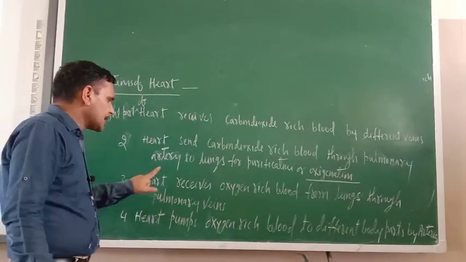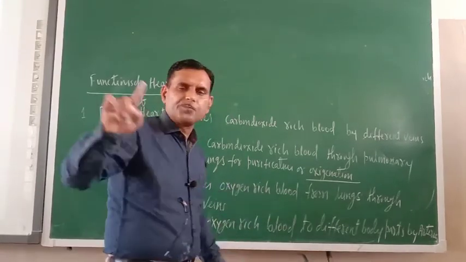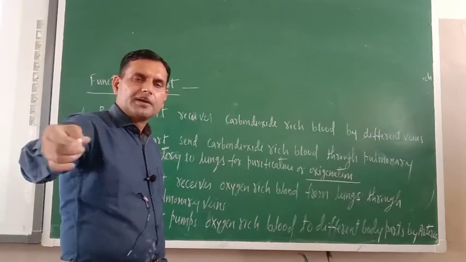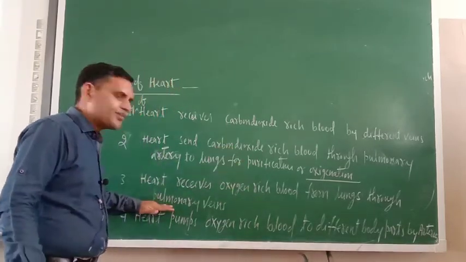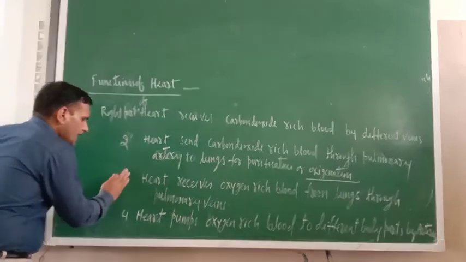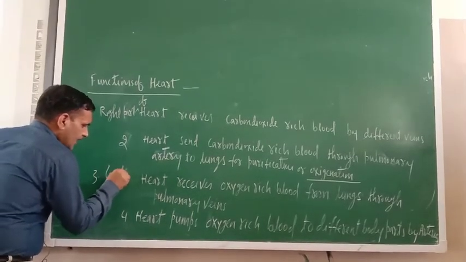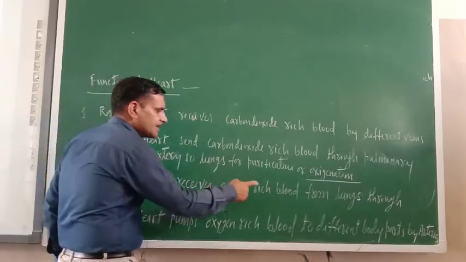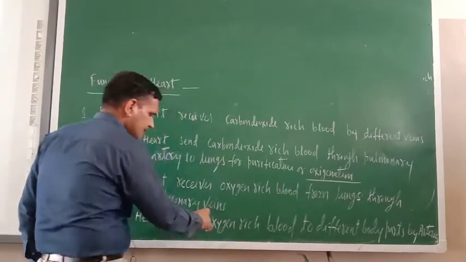Third function: the heart receives oxygen rich blood. Okay, blood has gone to the lungs. Now there it will be oxygenated, and through the pulmonary veins again it will come back to the left part of the heart. The left heart receives oxygen rich blood from the lungs through pulmonary veins.